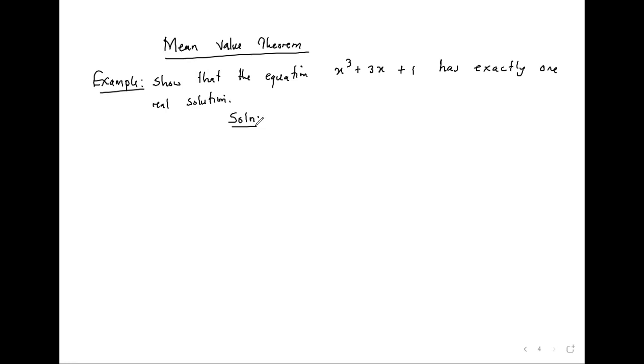So how do I use the theorem? We check the statement of the mean value theorem. Is it satisfied? To check, let f(x) = x^3 + 3x + 1. What does the mean value theorem want?